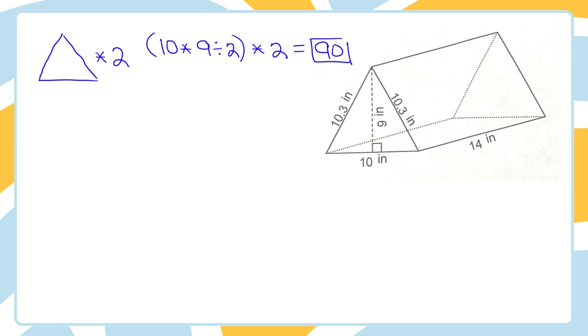Instead of coloring full shapes in, I want you to mark each side of the triangle a different color. So my triangle is now going to be 3 different colors. And there is a reason for it.